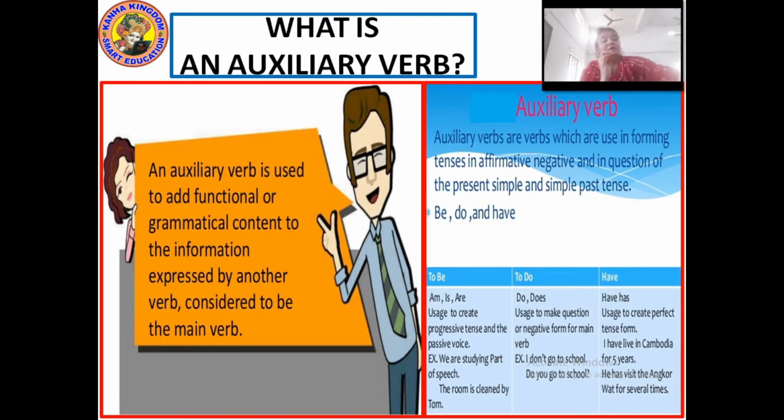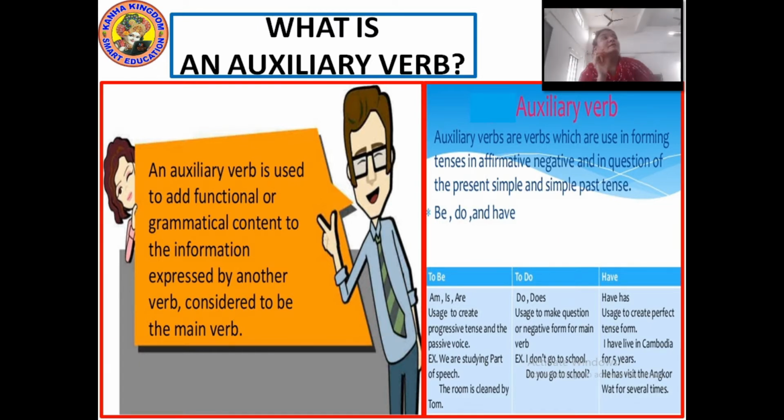So, what is an auxiliary verb? An auxiliary verb is also called a helping verb, and it helps the main verb.